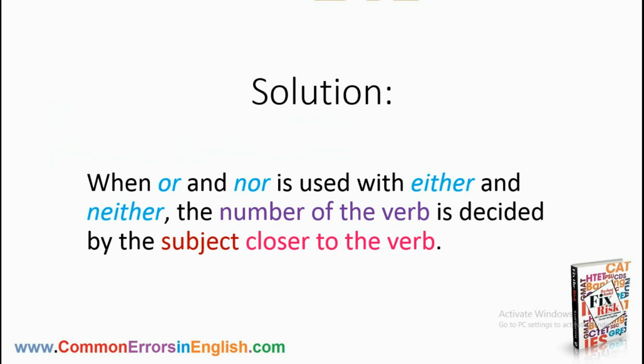But we have got the solution. When or and nor is used with either and neither, or say with the separators either or and neither nor, the number of the verb is decided by the subject closer to the verb.